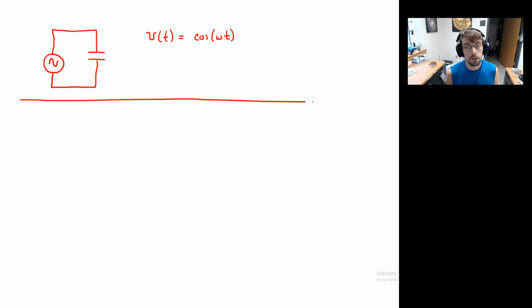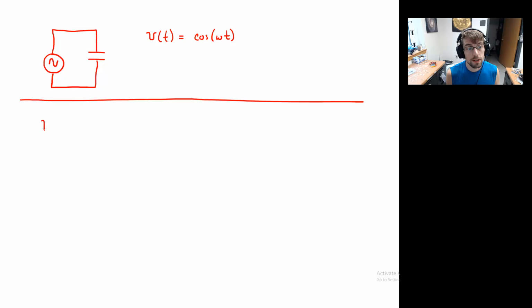Yeah, good, good, good. Okay, so we have our potential as a function of time. We'll leave it as cosine of omega t. And so again, we need to relate somehow the applied potential to the current. So we go to our handy dandy equation.